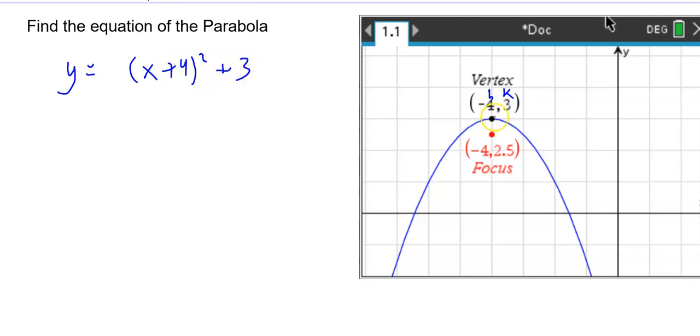And the distance between the two looks to be c equals -1/2. It's definitely negative because it's opening down and it's 1/2 unit. So a equals 1 over 4c, so 1 over 4 times -1/2 would be 1 over -2, -1/2, so -1/2 would be my a value.